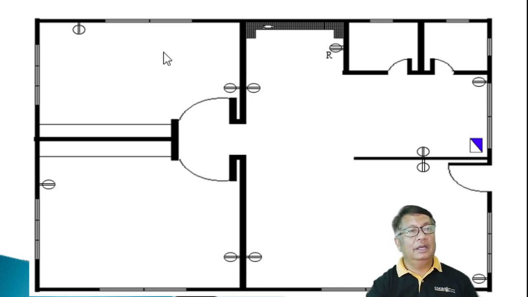We have in the bedrooms, we have here. We have in the kitchen one convenience outlet. In the living room, you have two convenience outlets, and I mean three. No, we have another one here. And in this dining area, more or less, we have at least two duplex convenience outlets.